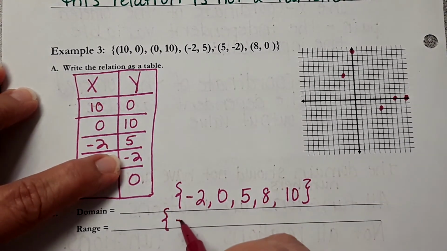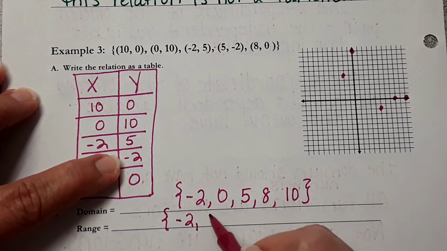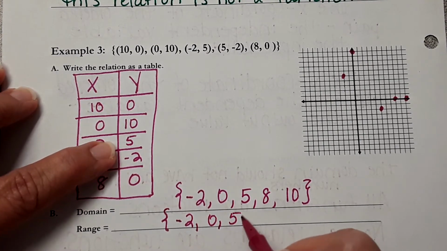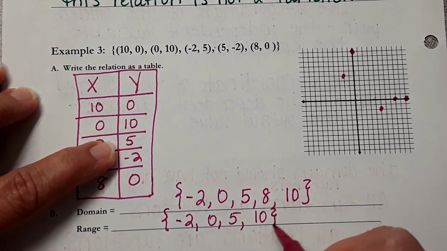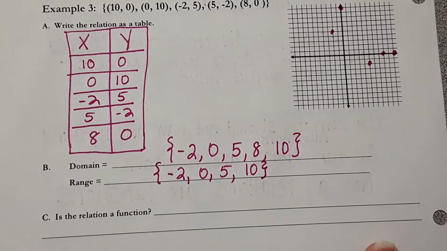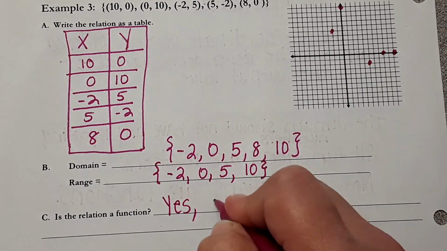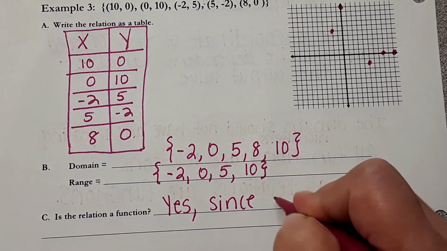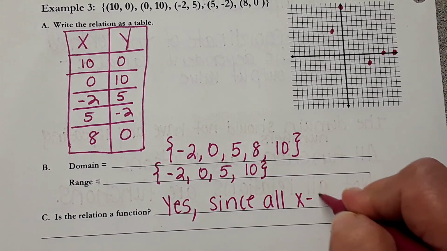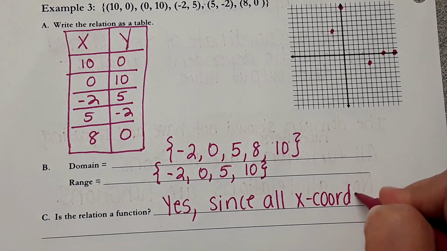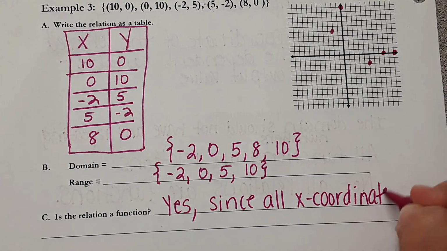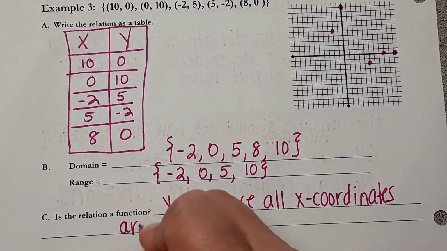Again, our smallest number is -2, then 0, then 5, then 10. Now, is this relation a function? Yes, it is, since all x-coordinates are different.